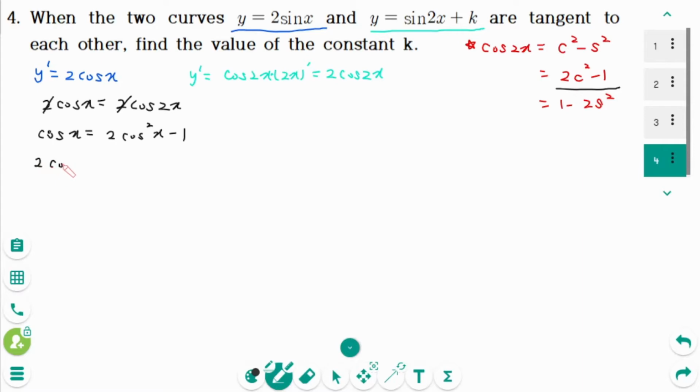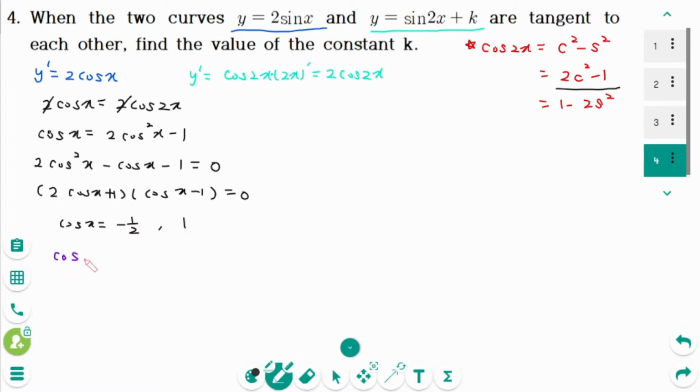We can rewrite as 2 cosine squared x minus cosine x minus 1 equals 0. Then we can factor: (2 cosine x plus 1) times (cosine x minus 1) equals 0. That means cosine x equals minus 1 over 2 or 1.